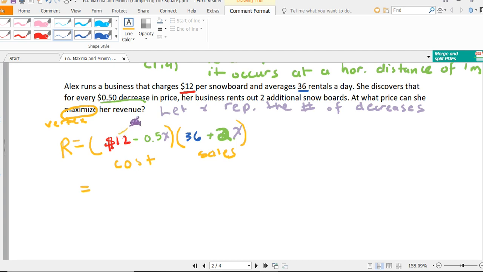So if I multiply 12 times 36, so that's 360, 72, 432. Okay, and then so we have to first expand this before we can complete the square. I'm going to multiply that out as well. And give me 1 second, then grab a calculator.